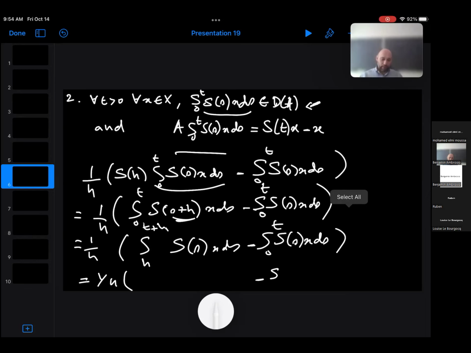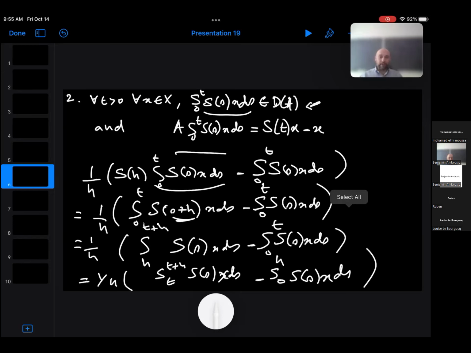So I will get the integral between 0 and h of S_s x ds, and here I will keep only the integral between T and T plus h of S_s x ds. The remaining parts cancel.